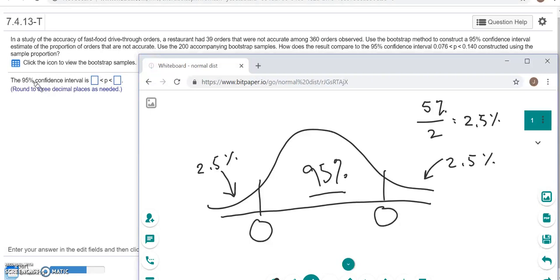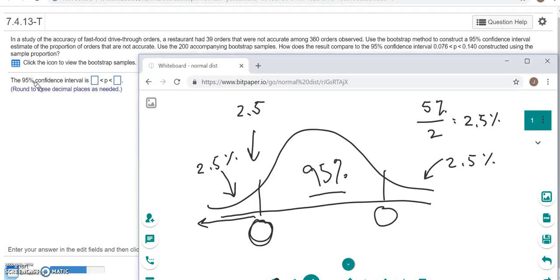When we go to do our bootstrapping, we need to find these two percentiles. To get the lower limit of our confidence interval, we need to put in 2.5 for our percentile, because we want to find the point on the graph where 2.5% of the data is less than or to the left of that point.